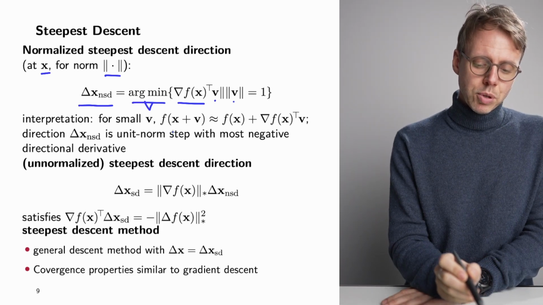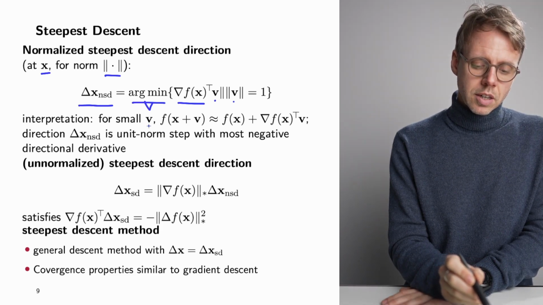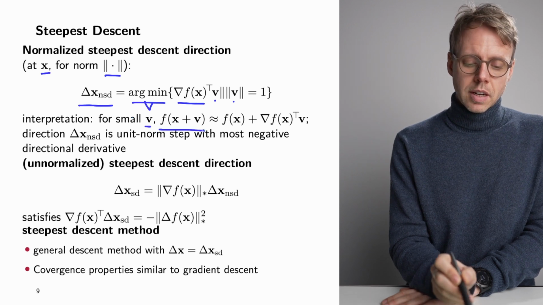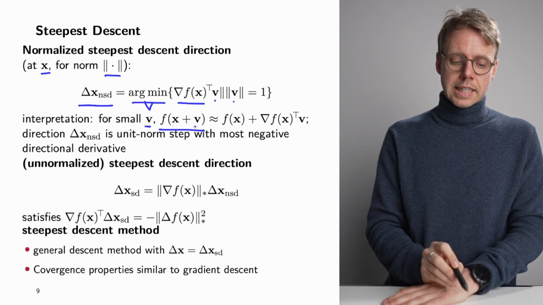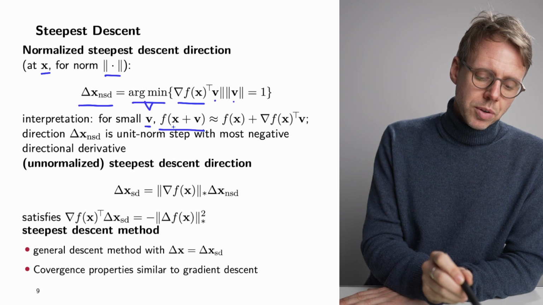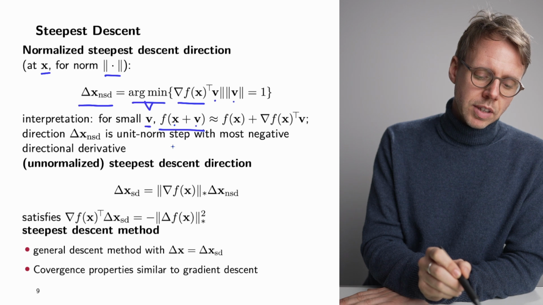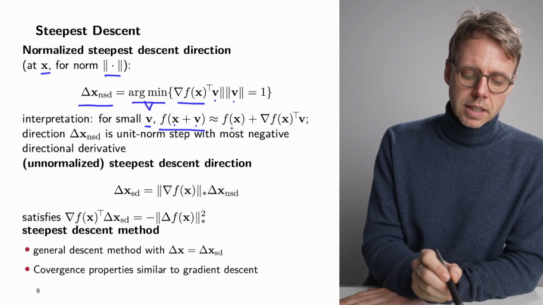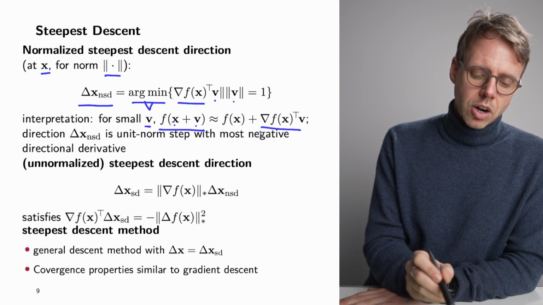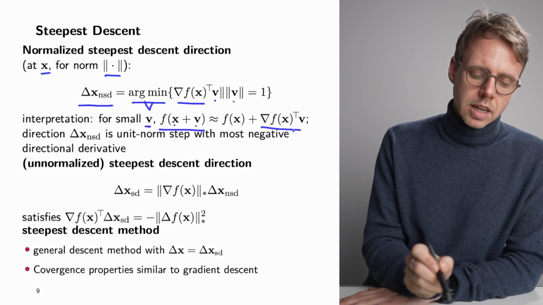We can interpret this as follows: for a small v, so a v that has a small norm, using the first order Taylor expansion, our function value at x plus v can be approximated by the linearized function f of x plus the product of our gradient times v.